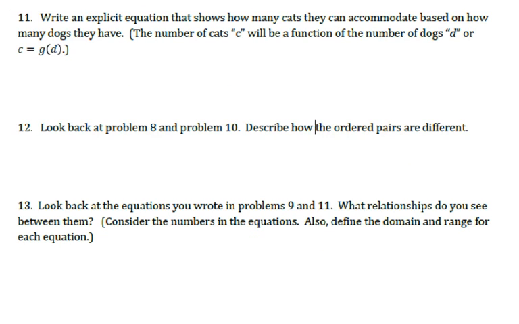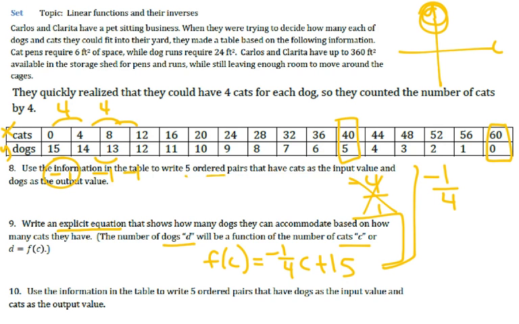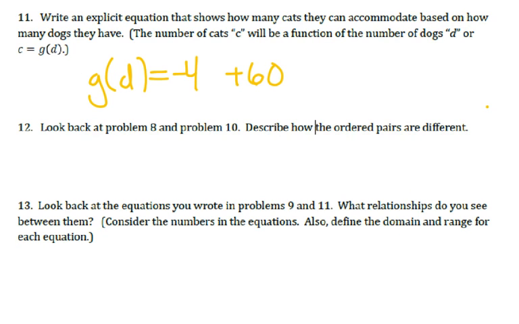So you'd say g of d equals, we start out with 60 cats, then our slope would be, if we're going backwards, let's see, it's kind of hard for me without switching it around. For every dog that goes up, we subtract cats. So it would be cats over dogs, so it would be negative 4d plus 60. It would look like that.